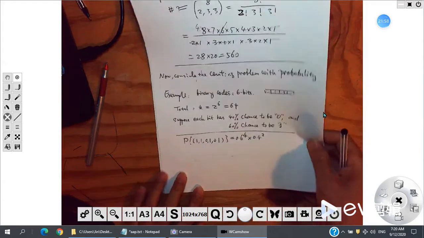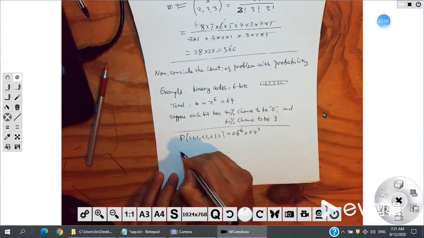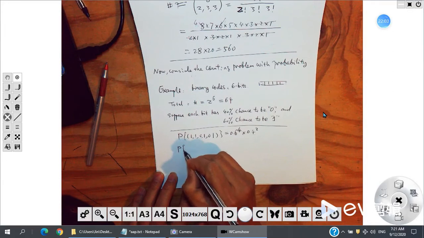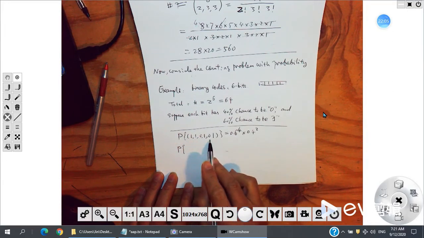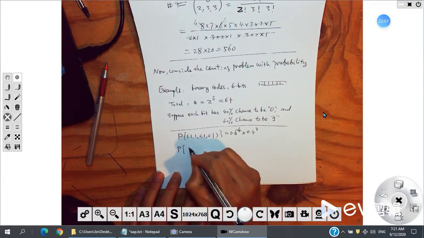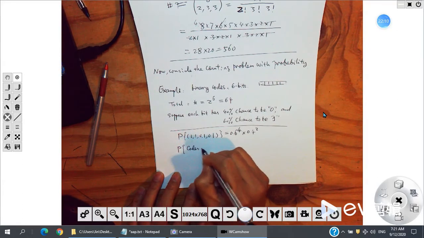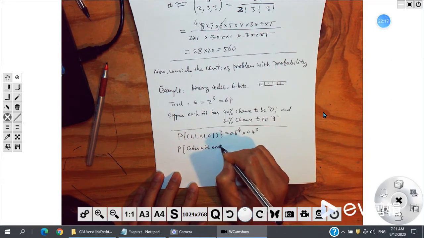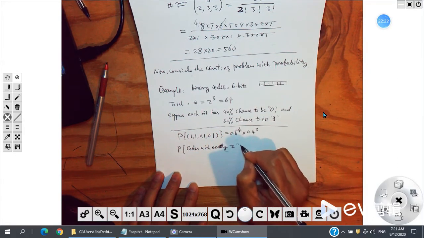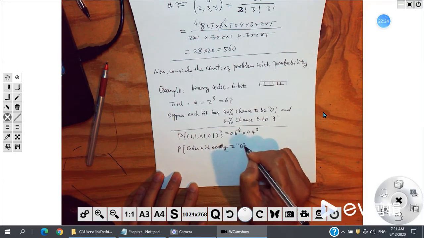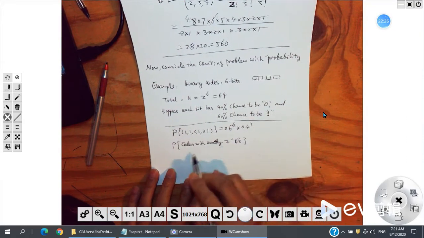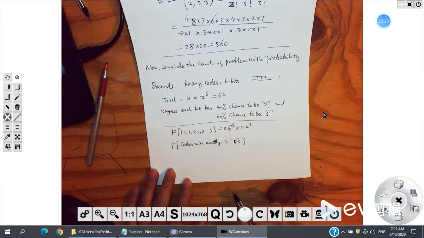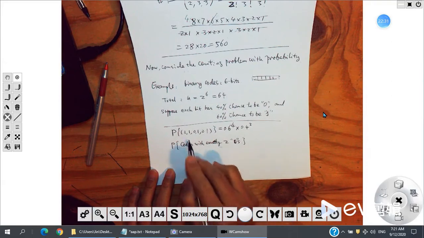And then we can consider the probability. For example, I still use a similar thing but a different order. We consider codes with exactly 2 zeros. All the codes with exactly 2 zeros. Of course, it contains a lot of codes, right?